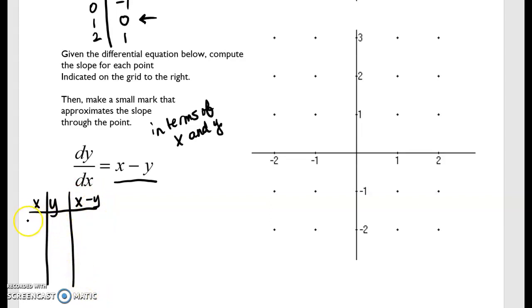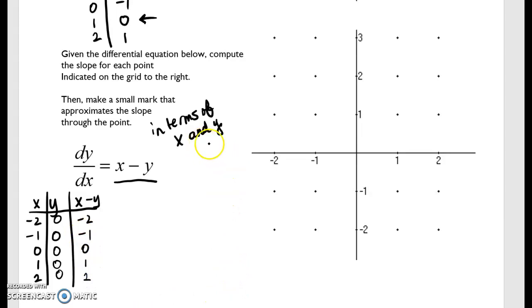So for my x coordinates, again, I have -2, -1, 0, 1, 2. Let's just pick one coordinate of y at a time. So the easiest one is 0. So basically, I'm just going to be going along the x-axis right now. So x minus y is -2 minus 0, -2, then -1, 0, 1, 2.